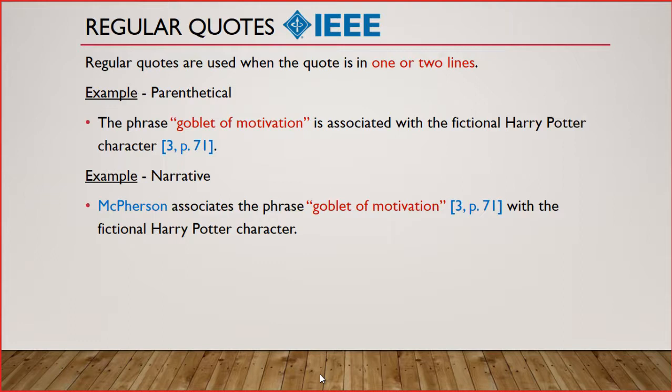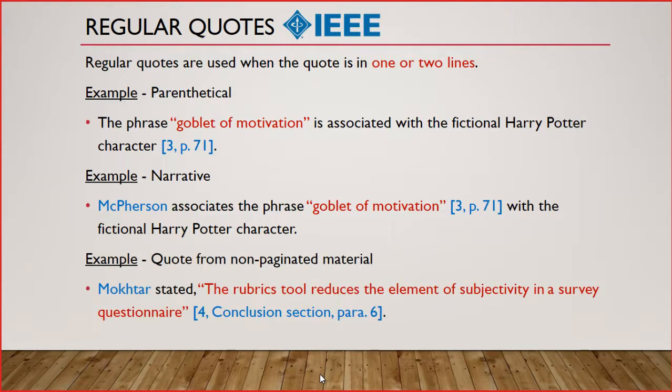APA and also IEEE. And if you have a quote from a non-paginated material, similarly, we have Mokhtar stated. Mokhtar is the author. Mokhtar stated, the rubric tool reduces the element of subjectivity in a survey questionnaire.